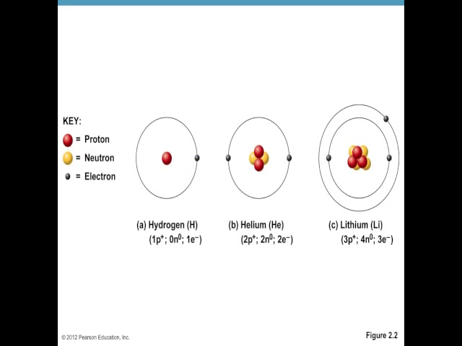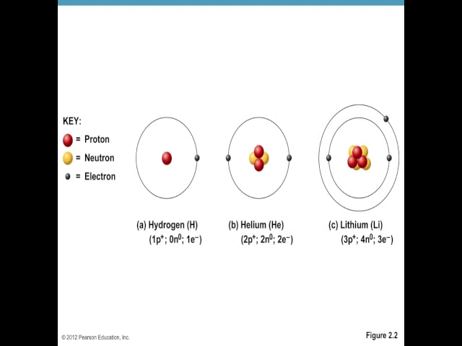Now, if you look here, you're going to see how we identify different elements. It's important that we know that elements are identified according to the number of protons that they have in each element. Okay? Now, each element has a different number of protons.